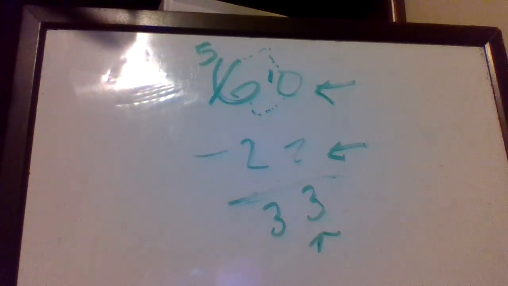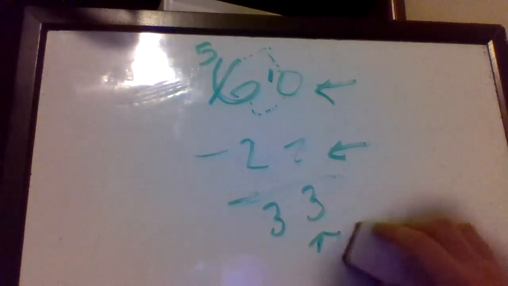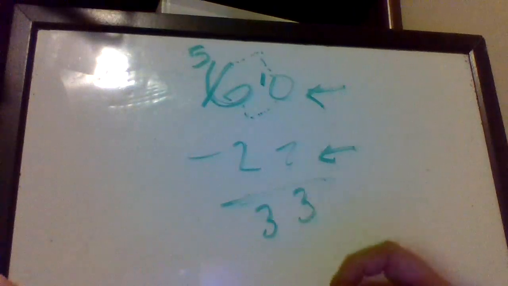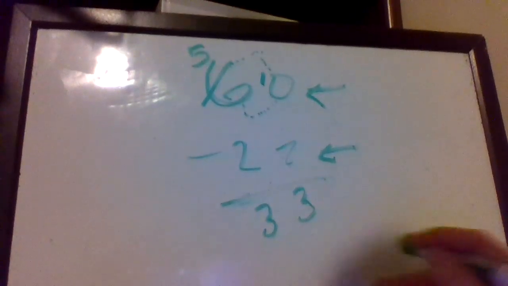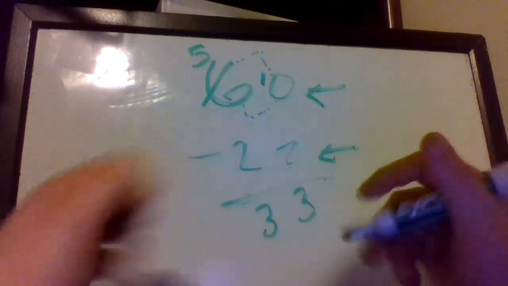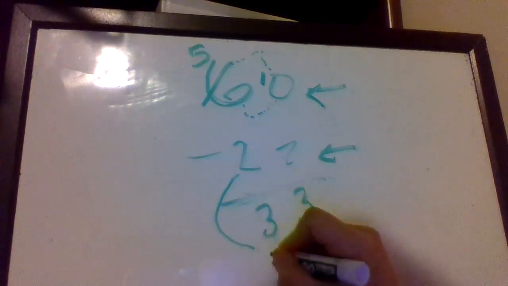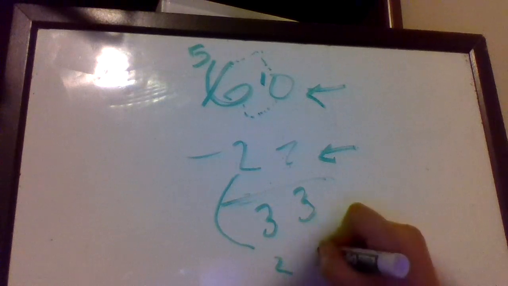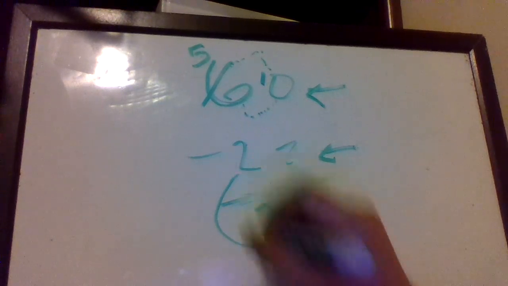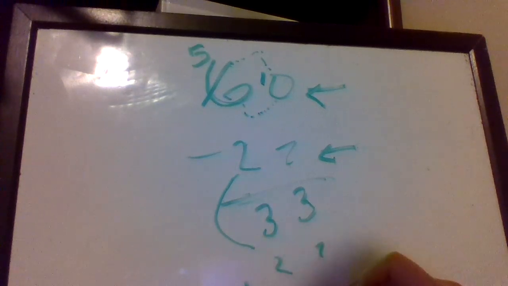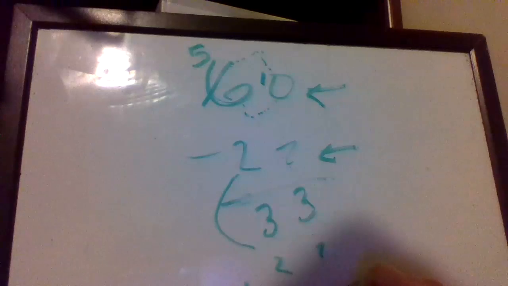Now, we went about the proper steps, so we should have gotten the correct answer. However, in order to know that you got the correct answer, we're going to take this 27 down here, and instead of subtract, we're going to add. 3 plus 7 is 10.